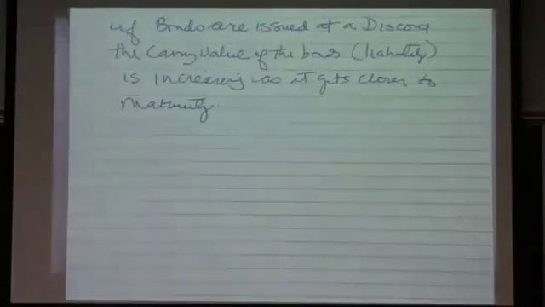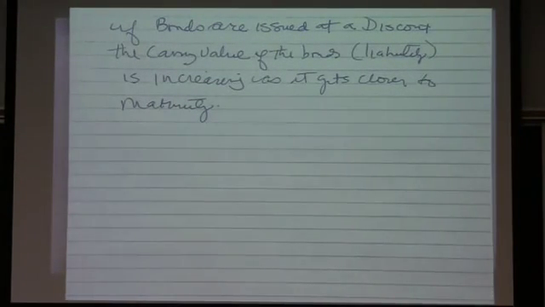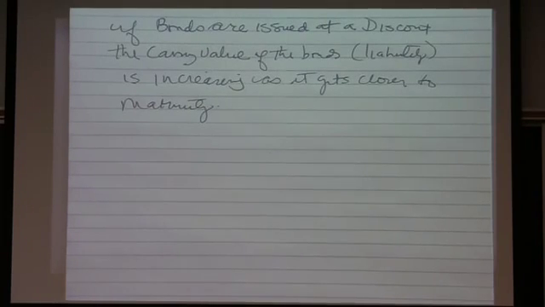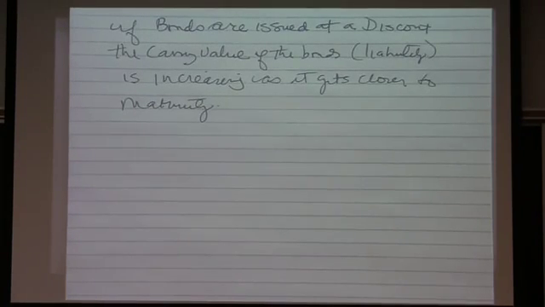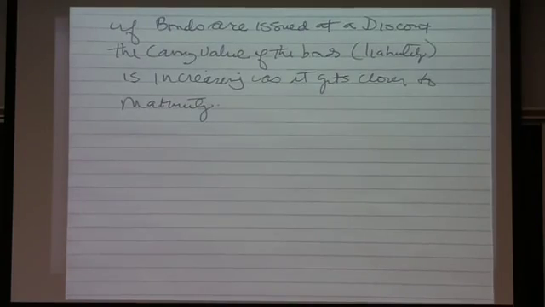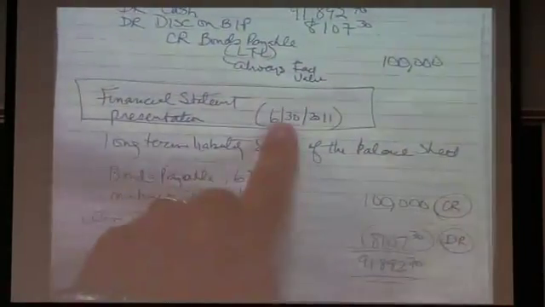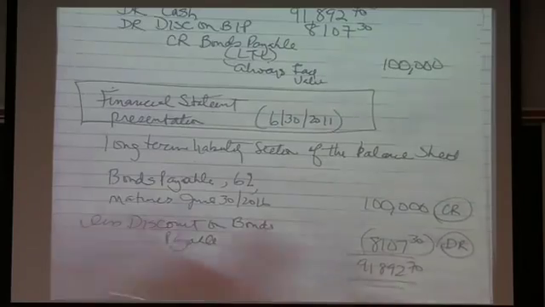So what we want is we want that discount to start to go down to 0, the debit balance to start to go down to 0. If you look at the liability, liability at June 30th was 91,892.